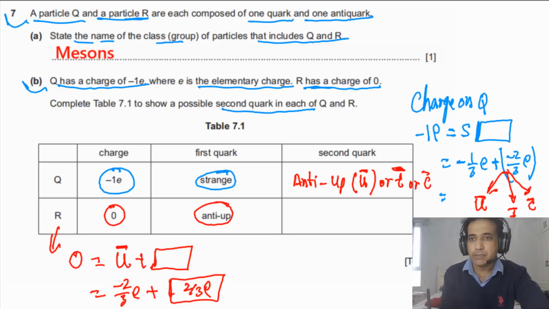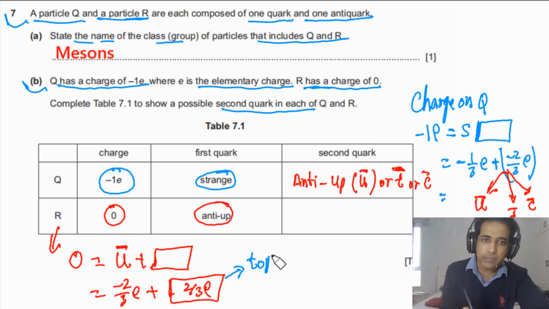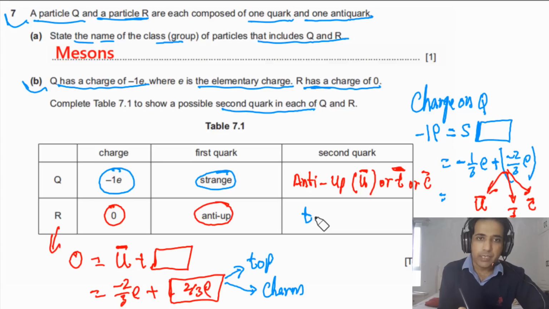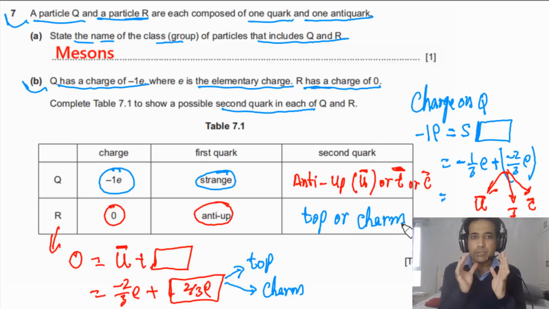So this particle can be a top quark, or a charm quark. This is how we can answer.